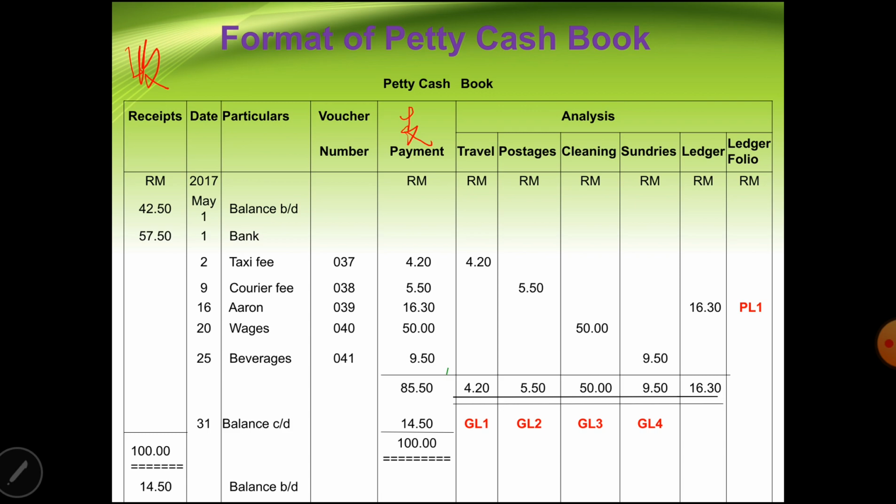Okay, one more thing you got to be careful is that after inputting the payment figure, you have to do the classification of the expenses. That means you have to do analysis. Okay, so it could be traveling expenses, it could be postages, cleaning, sundry, and so on. So you look at the question, you classify accordingly.